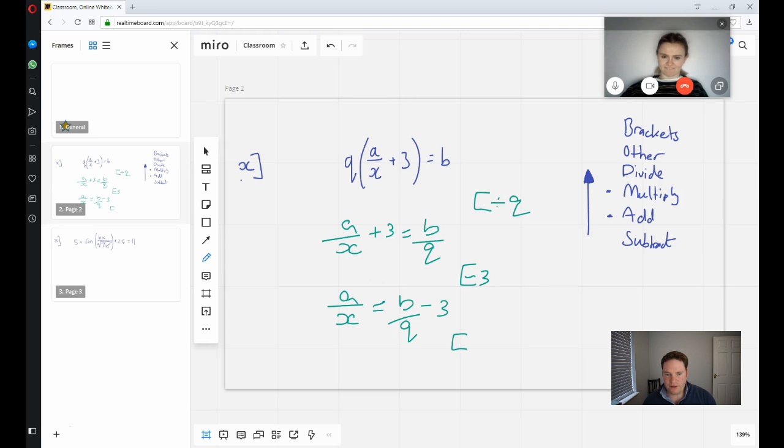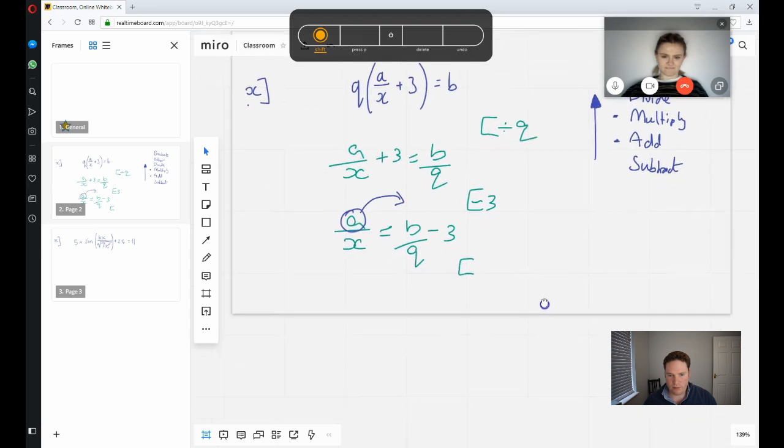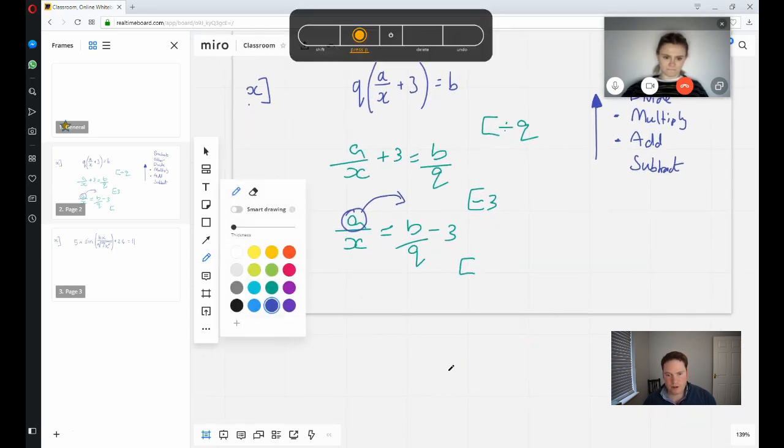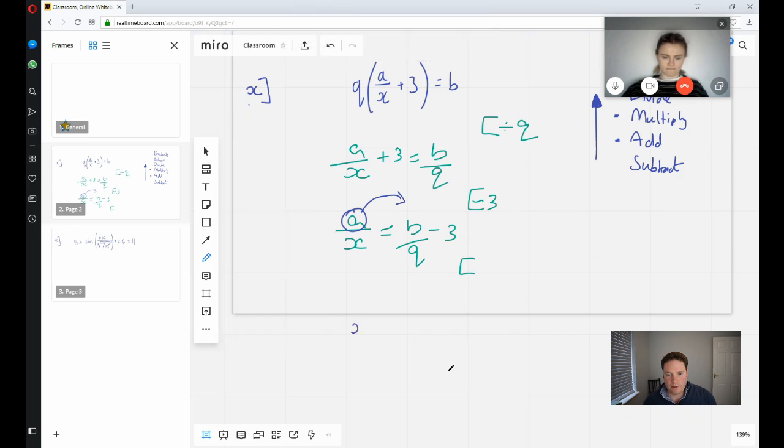So we want to get rid of this A, and we know we're going to plonk it on top on the other side. So I'm actually going to scroll down a little bit and go off the page here, but it's just going to end up looking like this. X equals, we're going to put A on top of everything. Oh, okay.